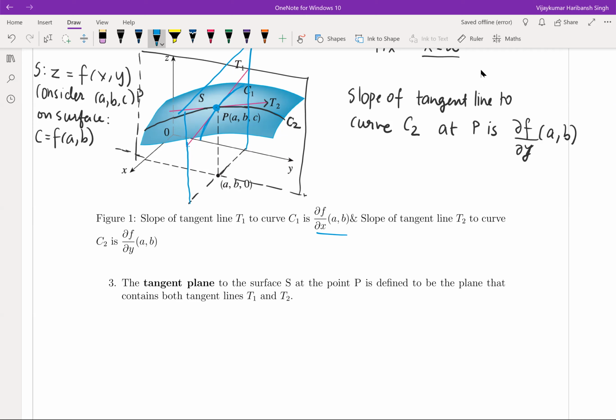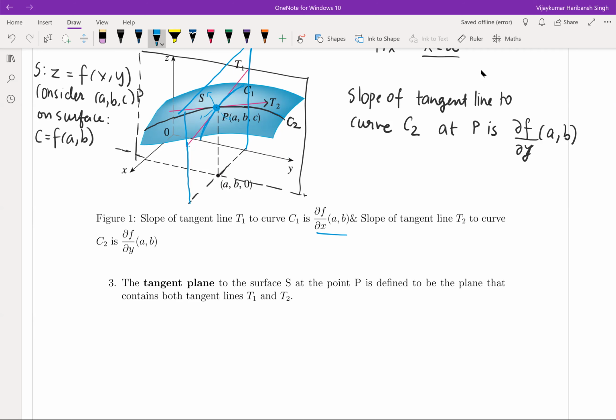You could also think about all the vectors whose initial point is at P, and that span this and are tangent to this surface. The collection of all those tangent vectors gives us the tangent plane. All right.